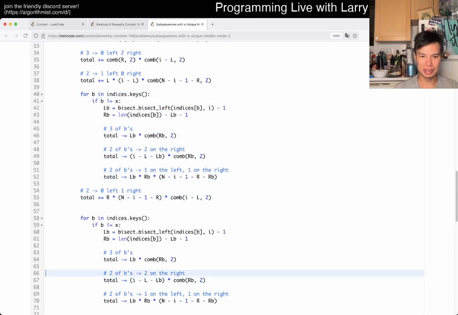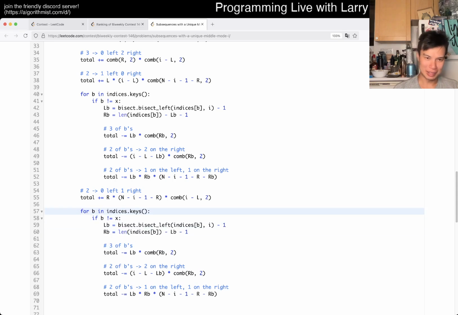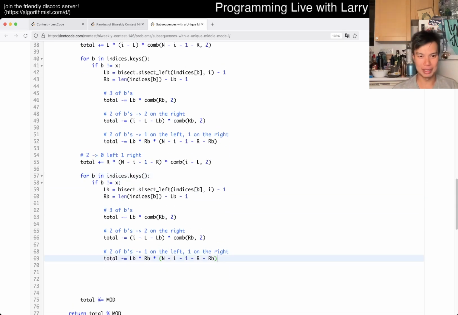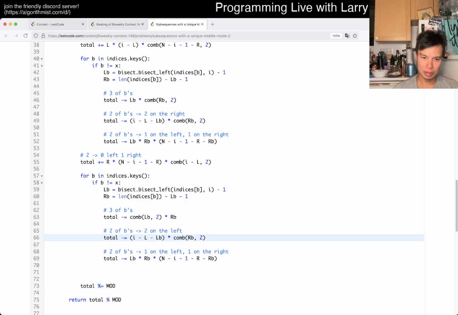And then now we just do this here. I could probably keep it on the same loop, but mentally I need that separation. So 3 of B's, on the left side we choose 2. This part is actually not that bad, right? Maybe it is.